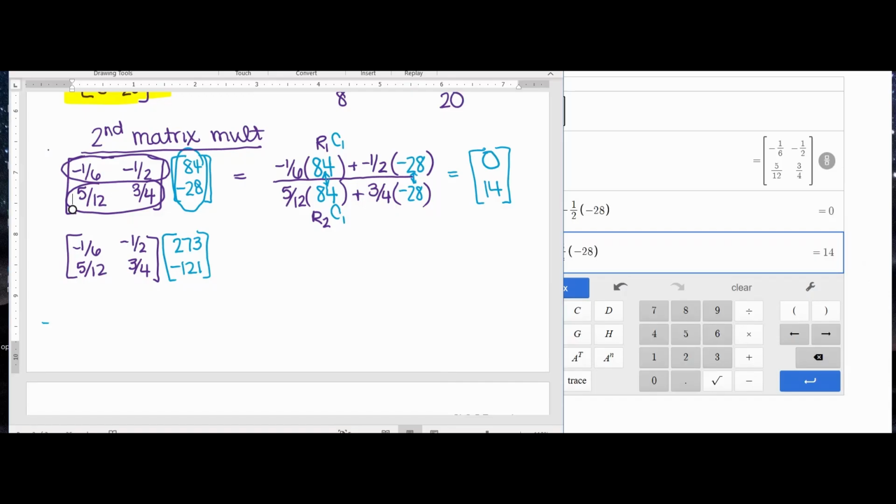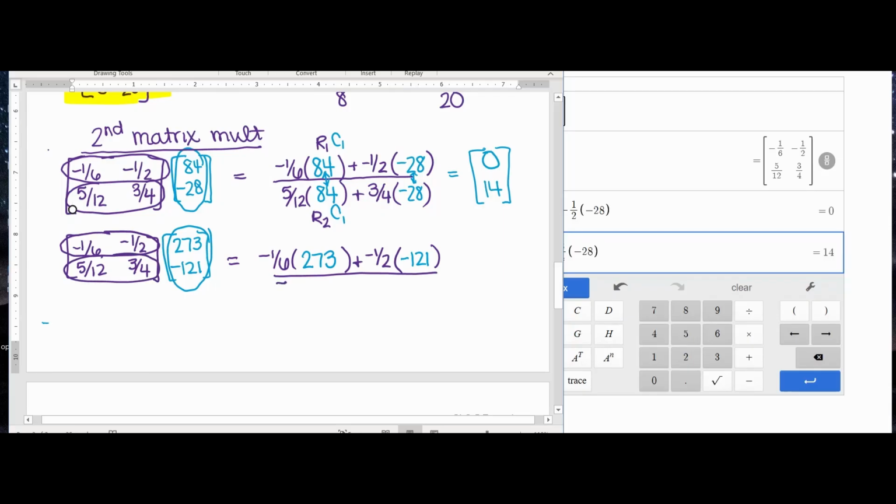And doing the multiplication in the last one, I would have row 1 times column 1, which gets me negative 1/6 times 273 plus negative 1/2 times negative 121, all over.